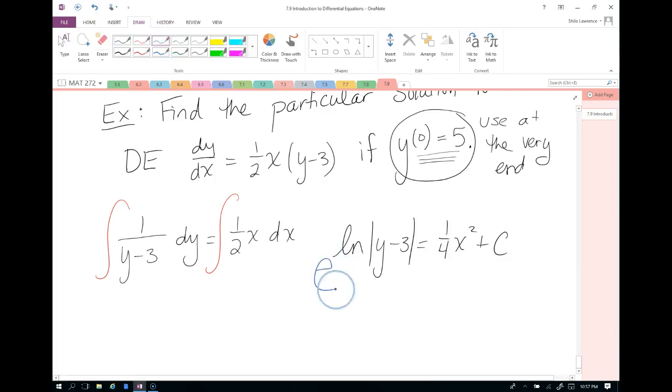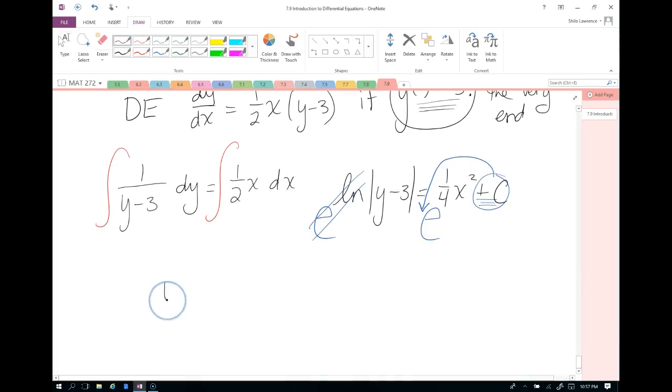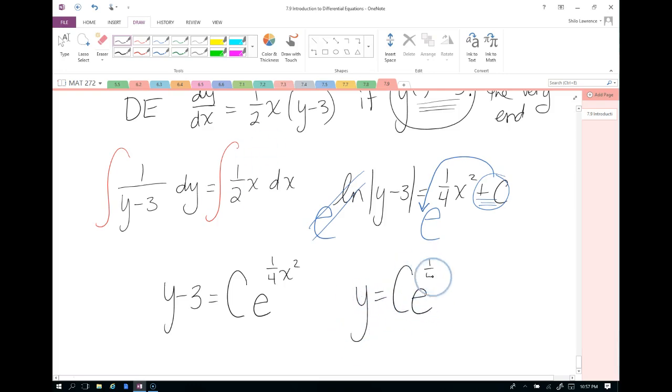So I need to think of both sides as a power of e. And remember, plus c in the exponent is going to turn into a times c in the front. And then on this side, e and natural log cancel. So now I've got y minus 3 equals c e to the 1/4 x squared. And then add your 3 over. Y equals c e to the 1/4 x squared plus 3.